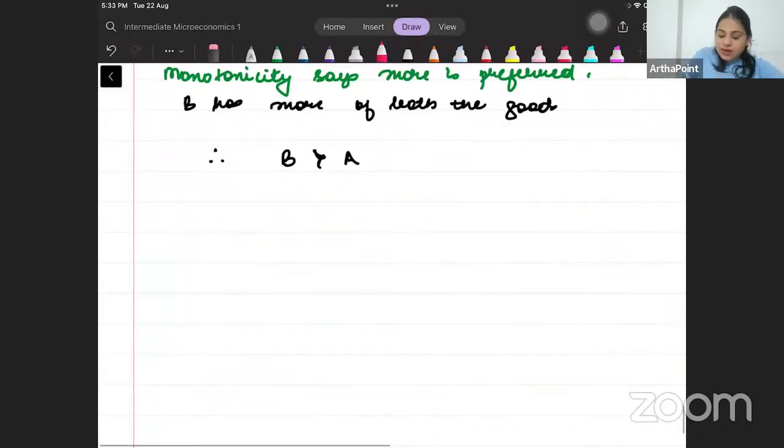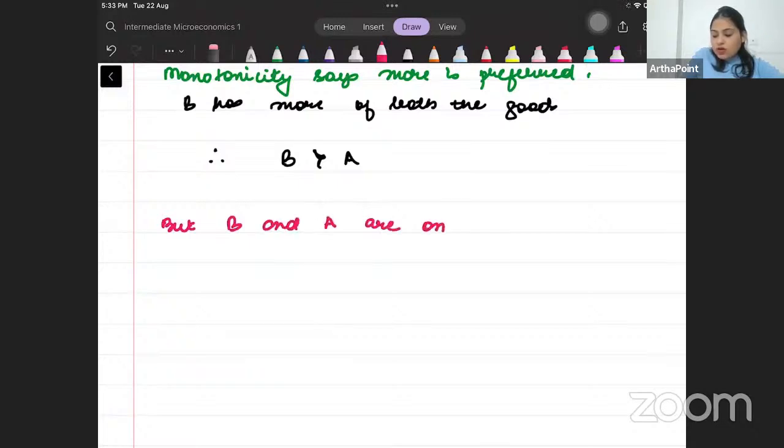So we can say, B and A are on same indifference curve. अगर सेम IC पे हैं, so by the definition of indifference curve, you should be indifferent between A and B.